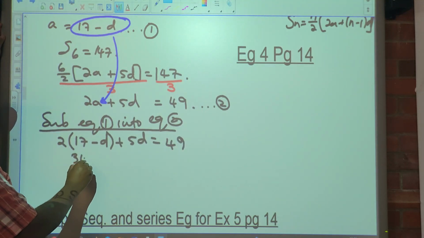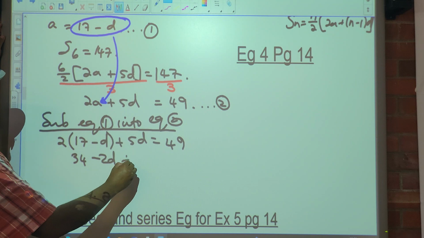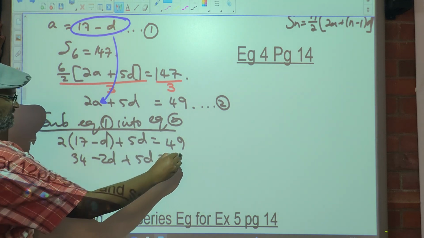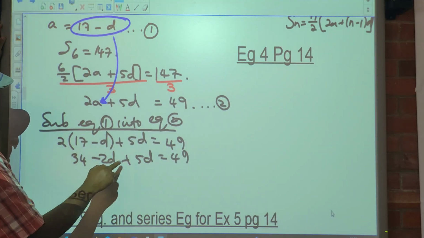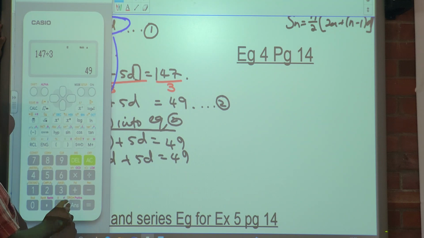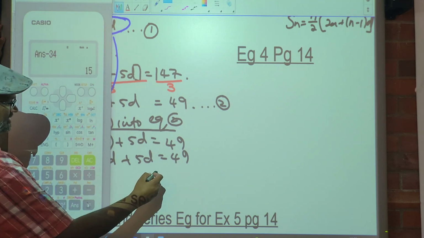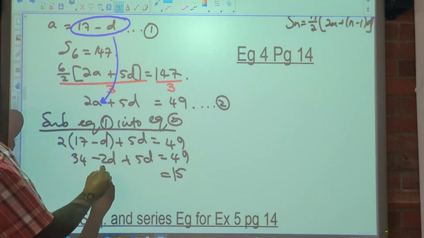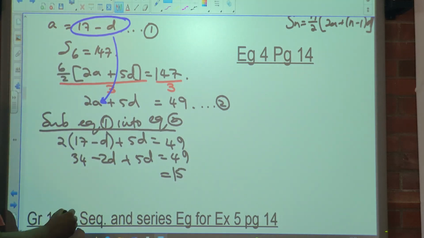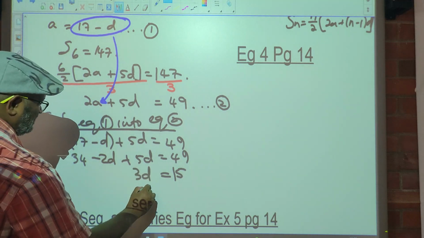So it's going to give you 34 minus 2d plus 5d is equal to 49. What's 49 minus 34? 15. So negative 2d plus 5d is 3d. So d works out to be 5.